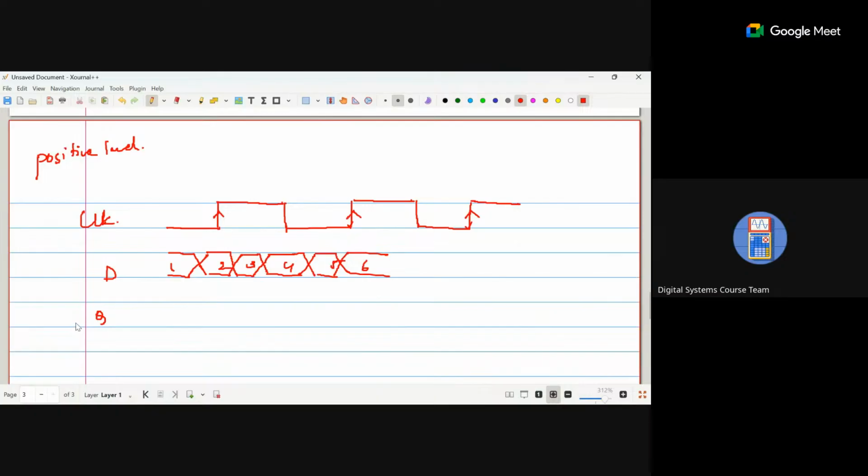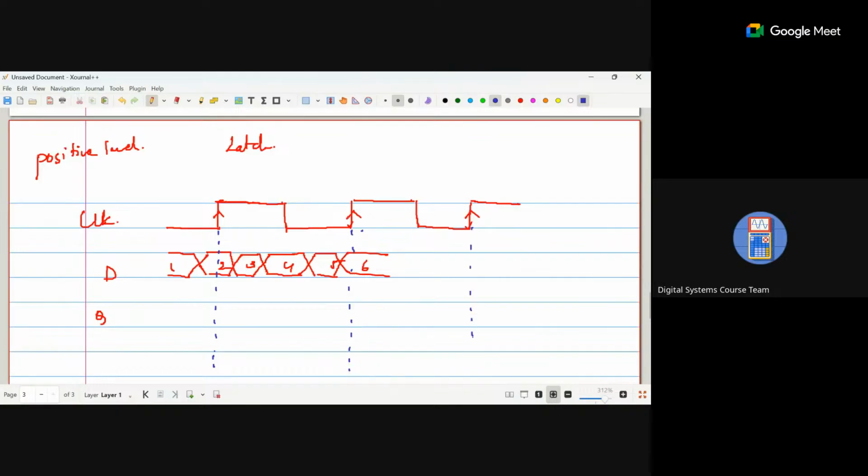So as we told, this is for latch and it is level triggered, positive level triggered. In positive level triggered, it starts here, right? Positive edge starts here. So this is 1, and this is the next positive.